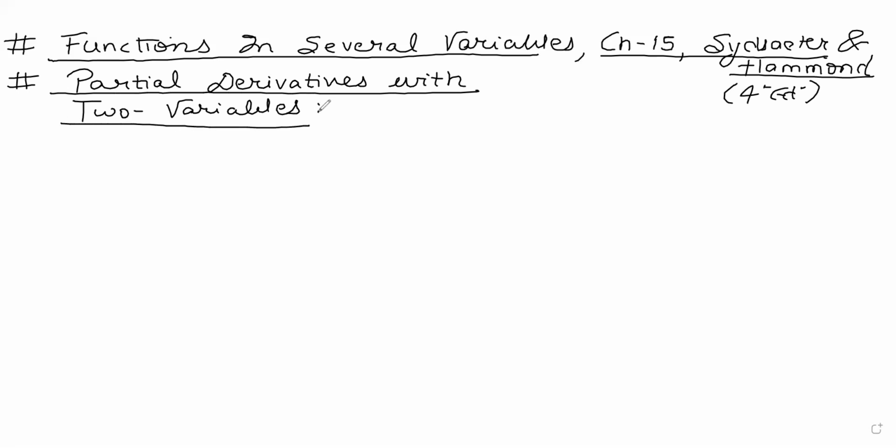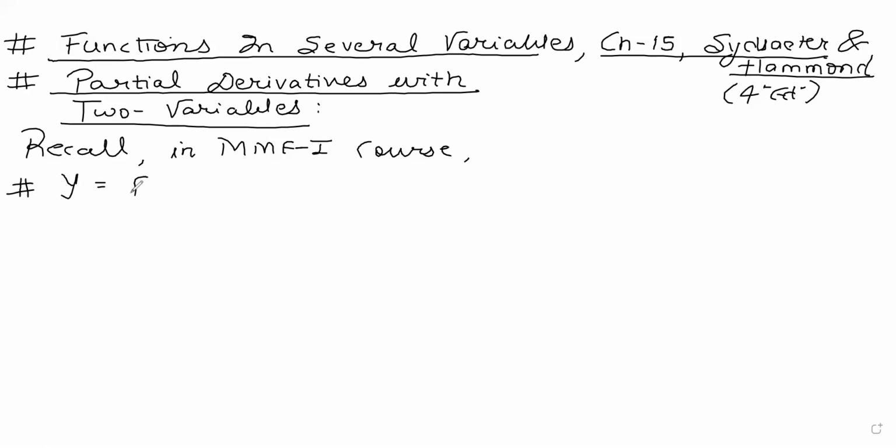Now, all students can recall that in my Mathematical Methods for Economics Part 1 course, we had y as a function of x, and dy by dx is the first order derivative.